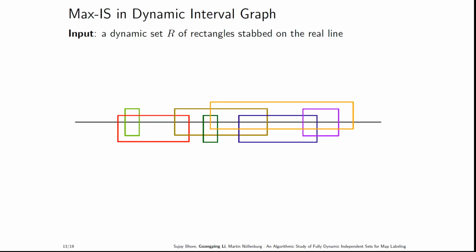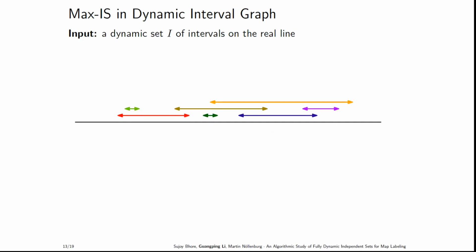If the rectangles are stabbed by 1 horizontal line, their intersections can be represented as an interval graph. So as a subproblem, we consider how to maintain a maximum independent set in a dynamic interval graph.